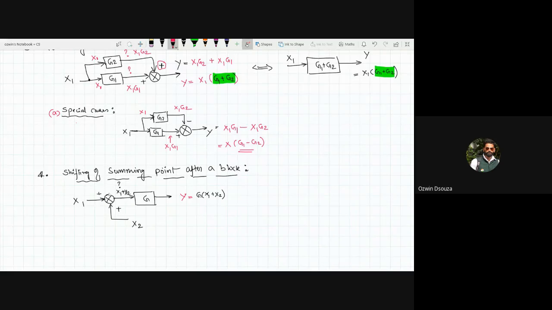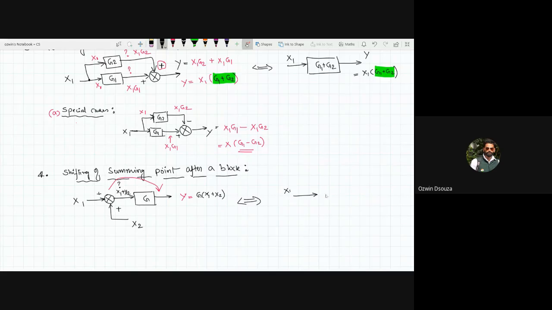Fine. Now the summing point is over here. What I am trying to do is shift this particular summing point after this block G. If I shift the summing point behind G, my new block diagram looks something like this.